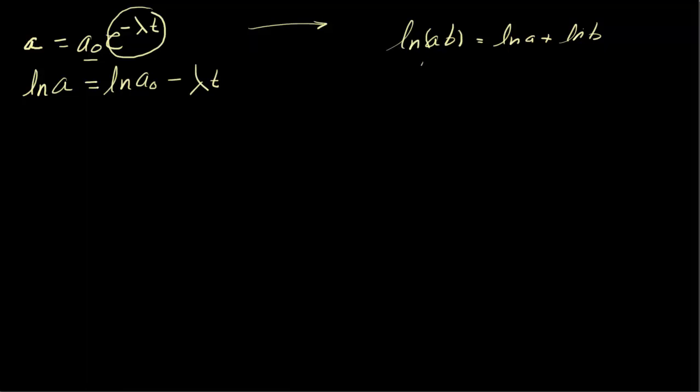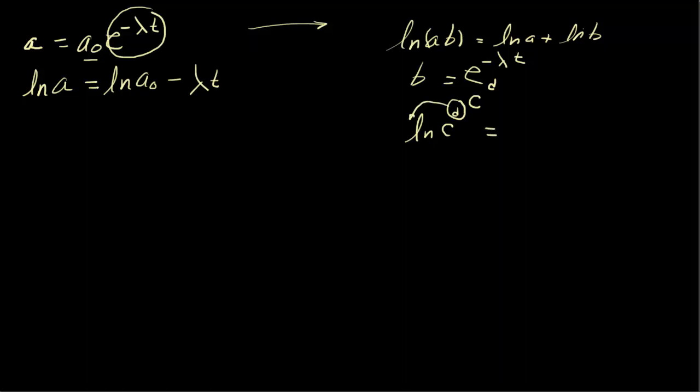And b in this case is equal to e to the minus lambda t. So this is like some other combination of numbers, maybe a c to the d power. If we were to take the natural log of c to the d power, we would take this exponent d and bring it down in front.